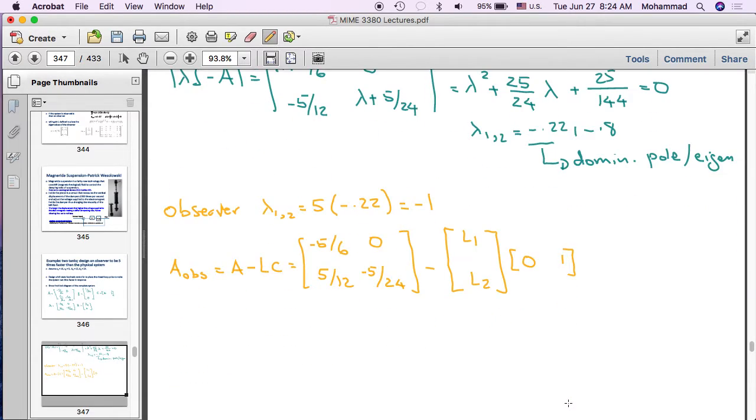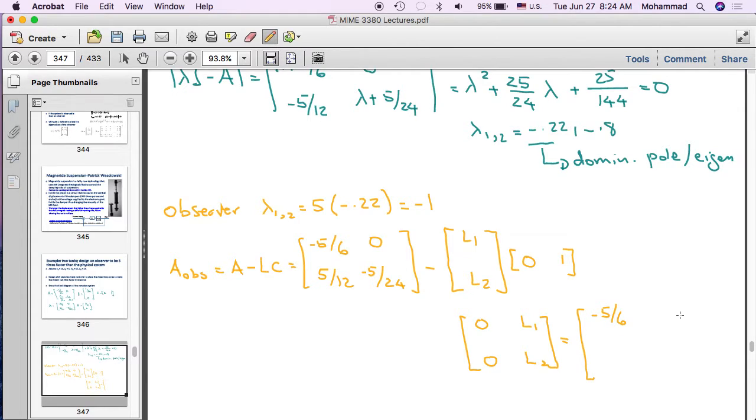So let's go ahead and find this matrix. L1 times 0 is 0. L1 times 1 is L1. Same pattern here. So if we subtract this matrix from A, we'll have as the A of observer, here we have minus 5/6 because 0 is subtracted.